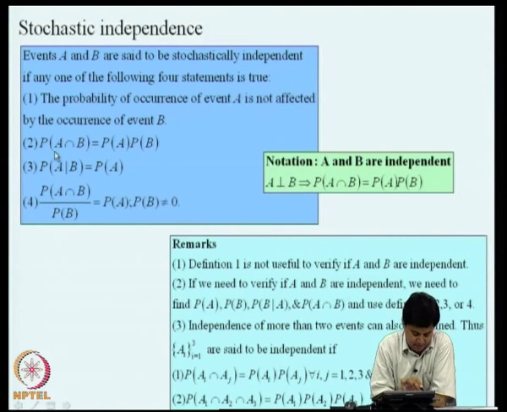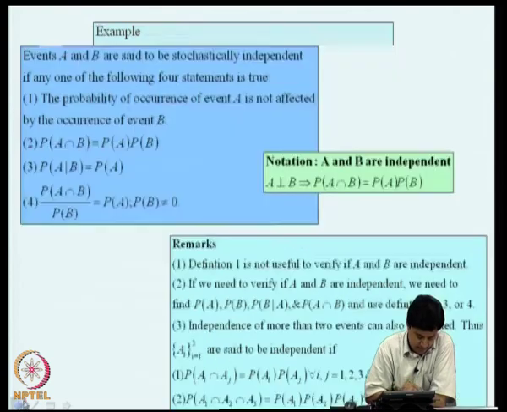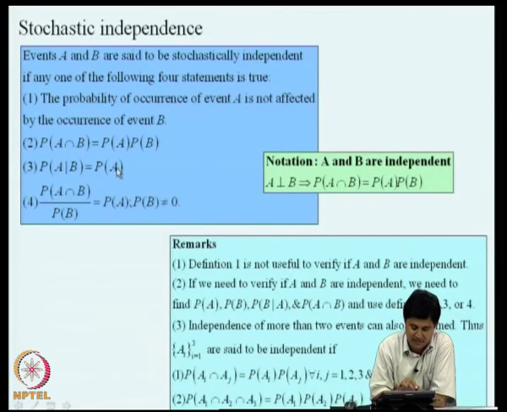The second statement is, the probability of A intersection B is the probability of A times the probability of B. The third definition is actually a mathematical statement of the first statement. The probability of A conditioned on the fact that B has occurred is not affected, it remains as the probability of A itself. Then we say A and B are independent.